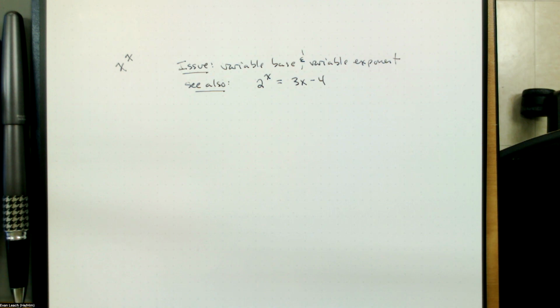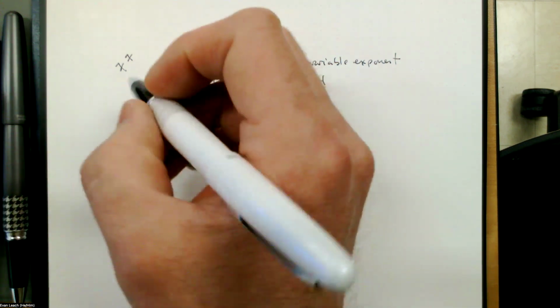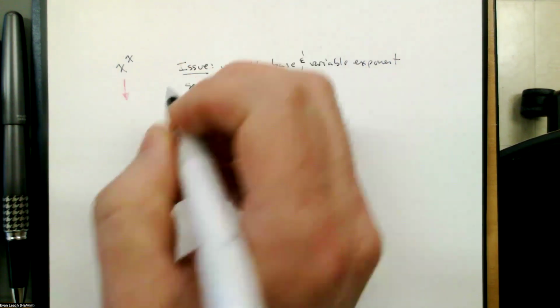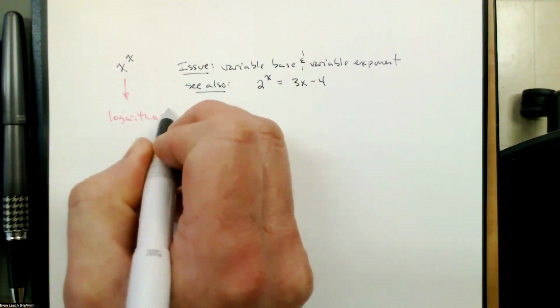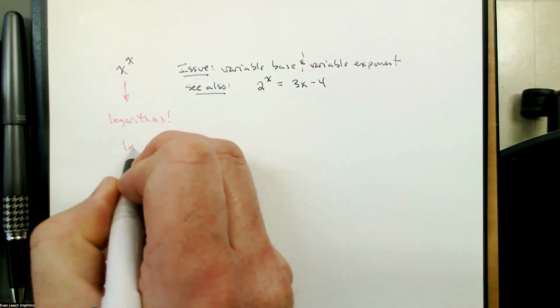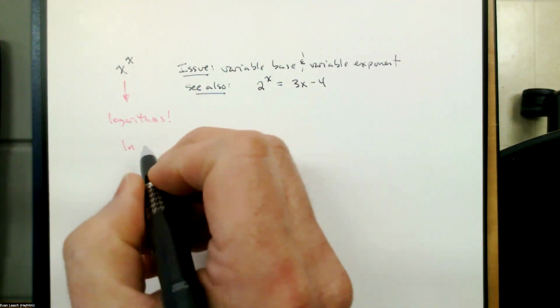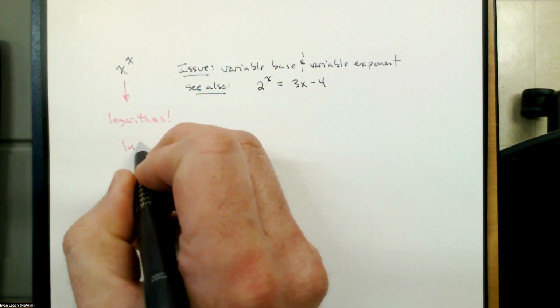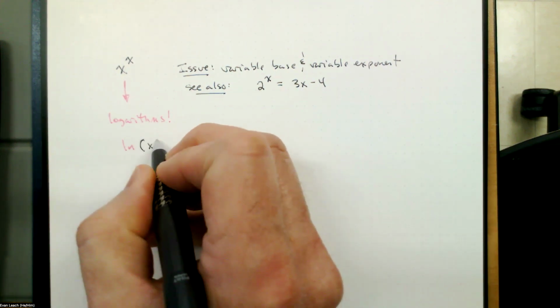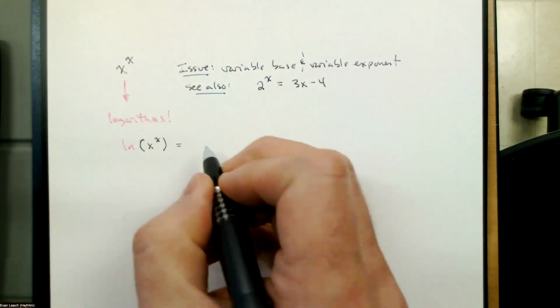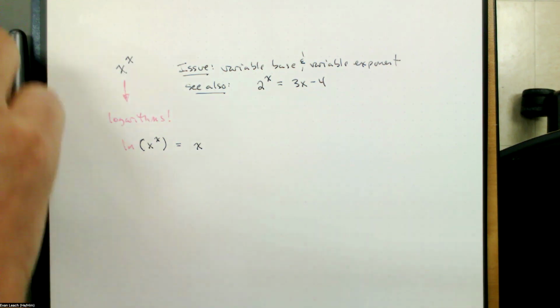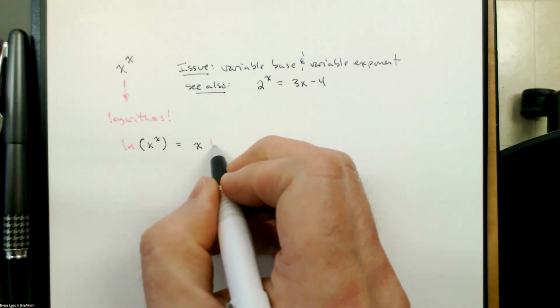What we do have is stuff that moves exponents out of exponents. If I write the natural log, it doesn't have to be the natural log, it could be log of any base, of x to the x, we can write this as x times the natural log of x.